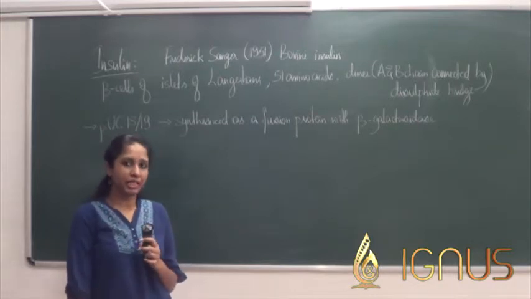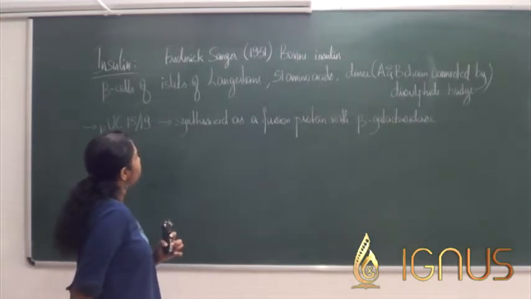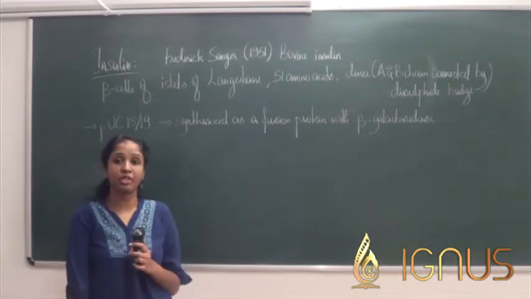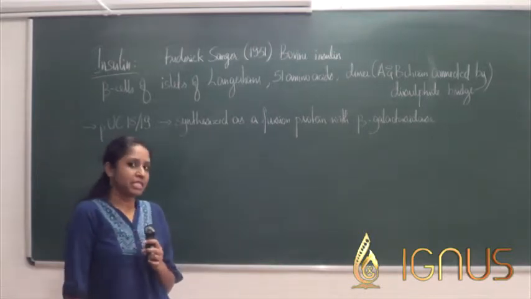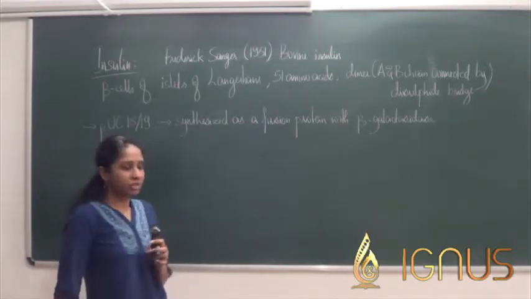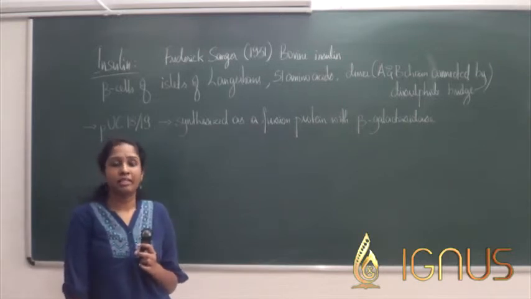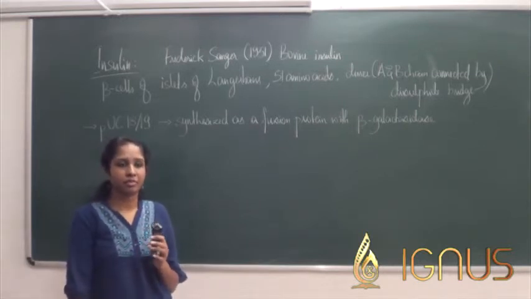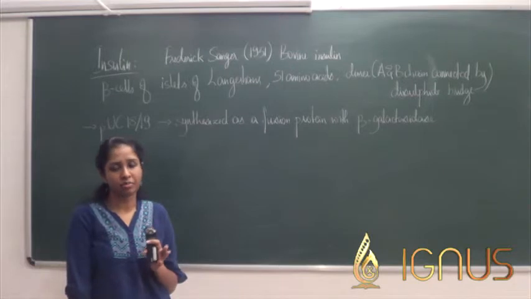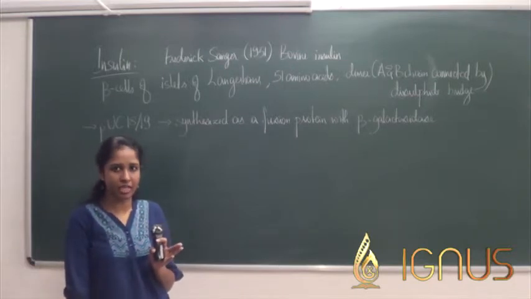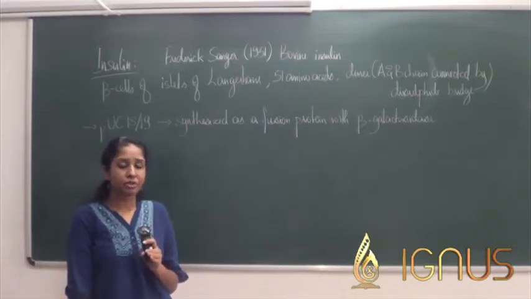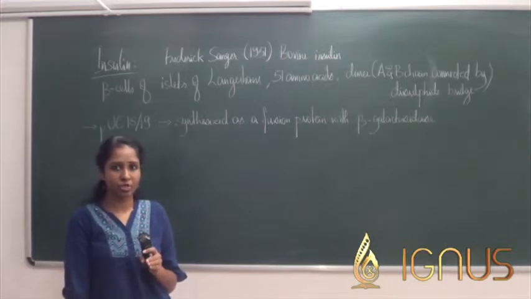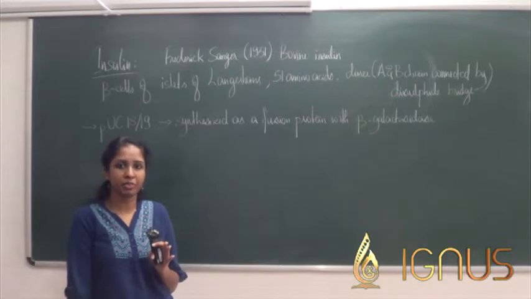Now moving on with insulin, the primary structure of bovine insulin was given by Frederick Sanger in the year 1951. Insulin until now has been either extracted from pig, so it's porcine insulin, or from cows, then it is known as bovine insulin. Now porcine insulin is the most similar one to human insulin.